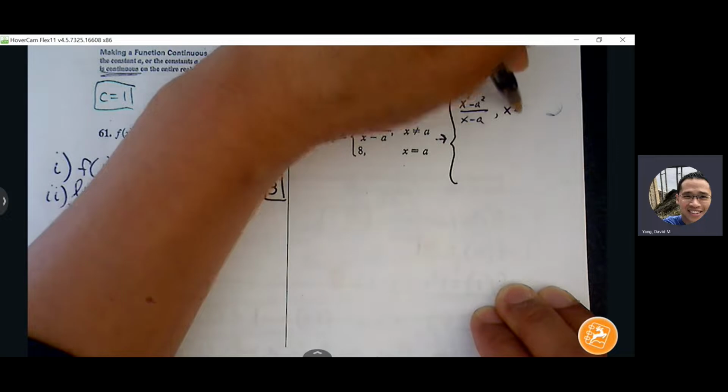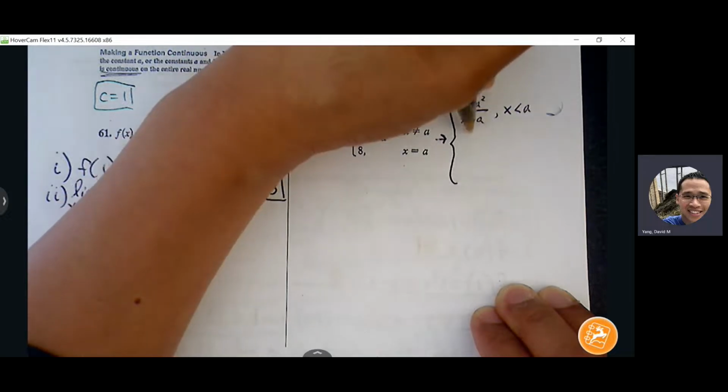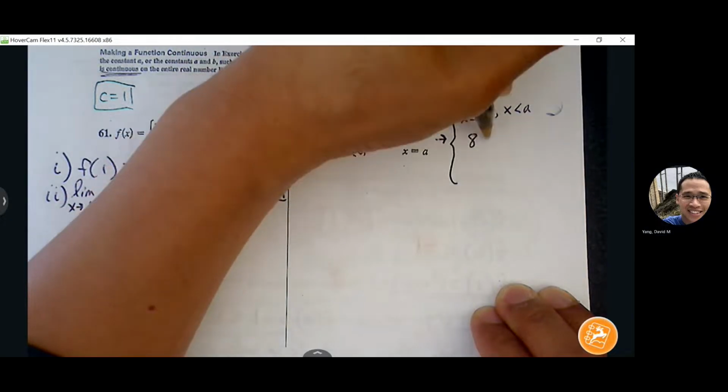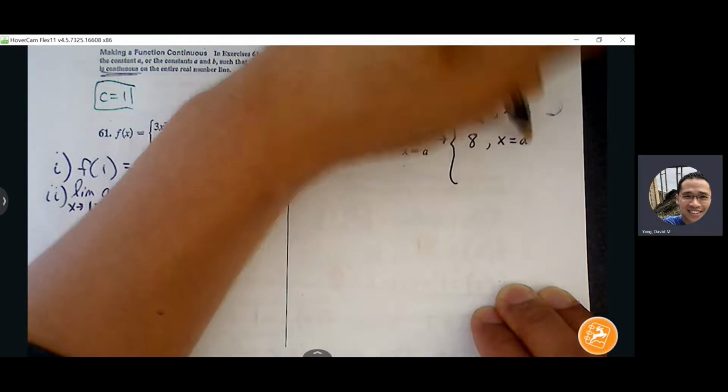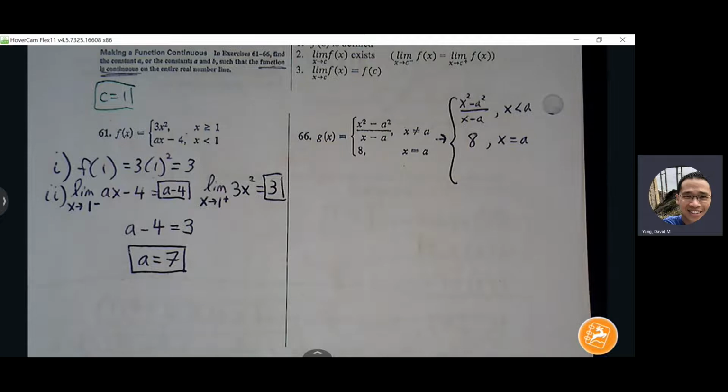Again, you don't have to do this, but for some of us, it just makes more sense to see. It feels more straightforward than seeing not equal to a.